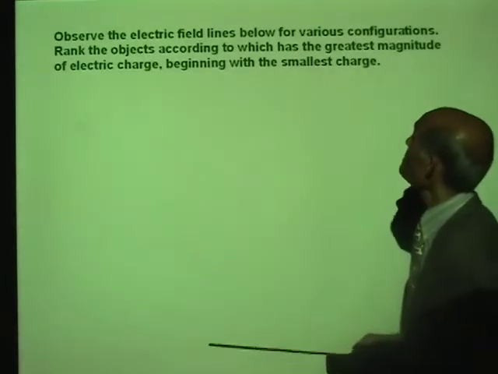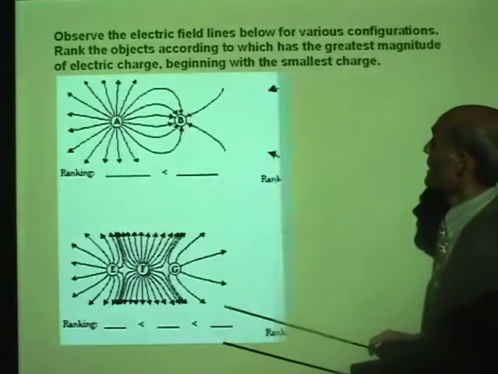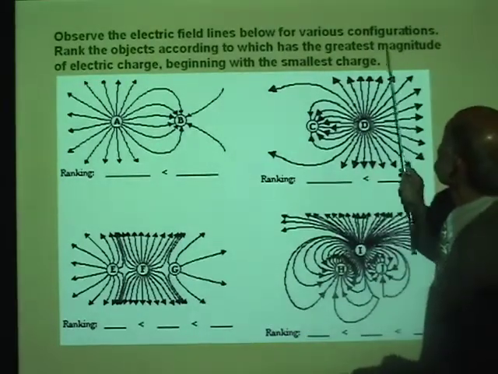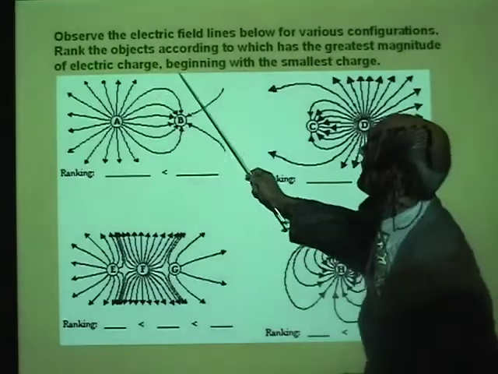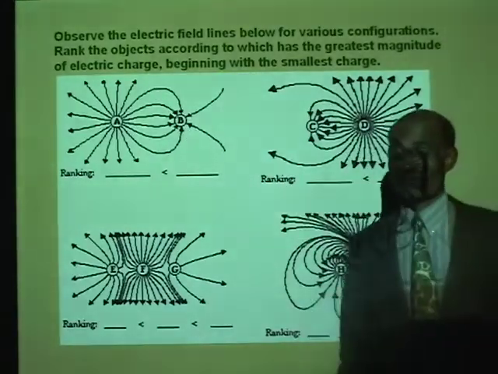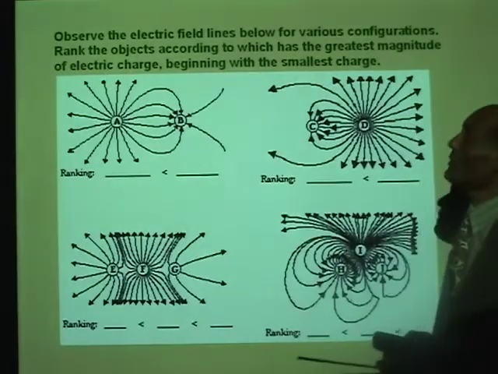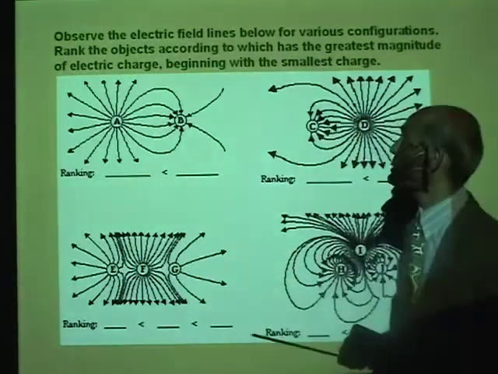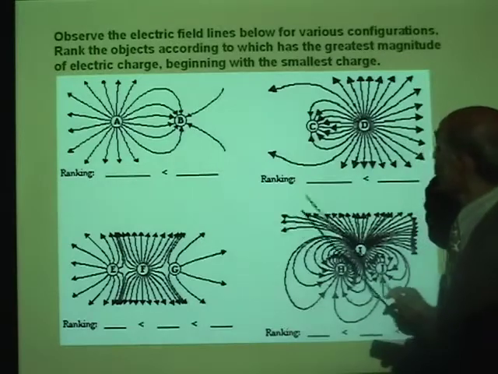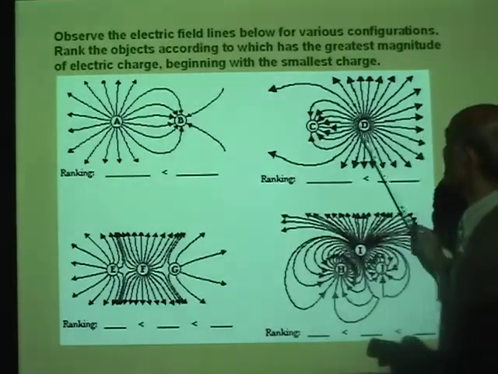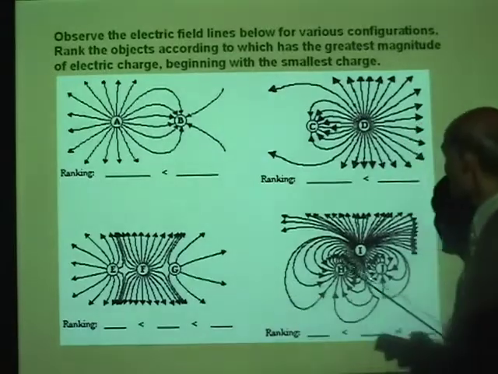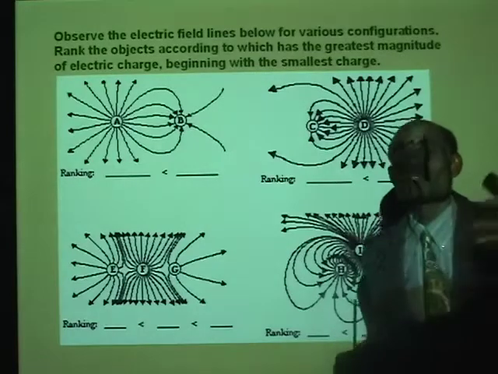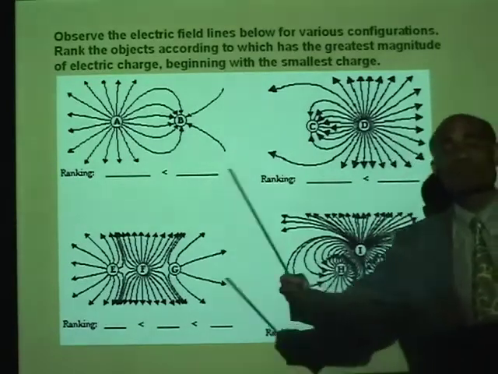Observe the electric field lines below for various configurations. Rank the objects from greatest magnitude of electric charge beginning with the smallest. Isn't that what we just did? No, this is different from the earlier one. Now this time you need to look at the electric field configuration and then decide which of these, A, B, C, D, E, F, G, H, I, J, has the largest magnitude of electric charge and which has the least.